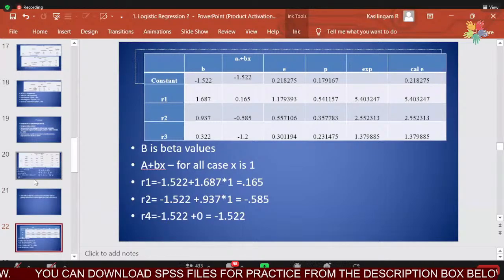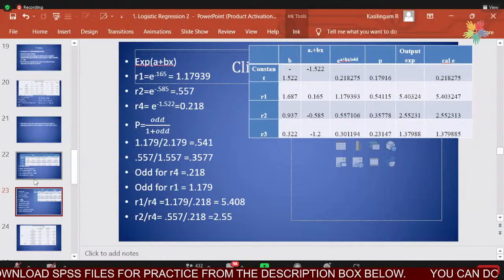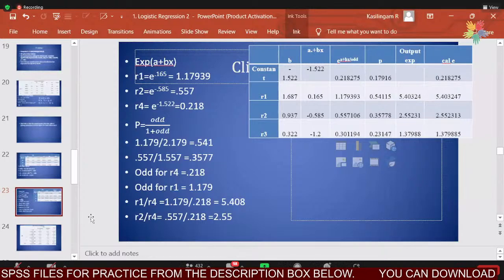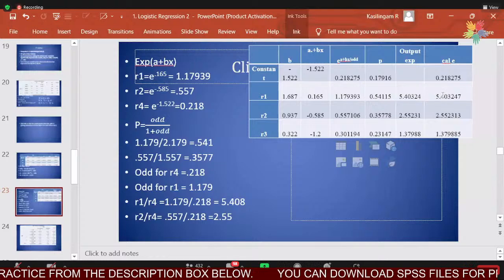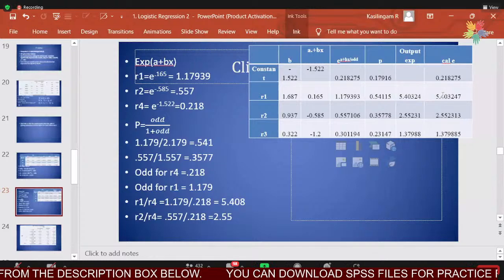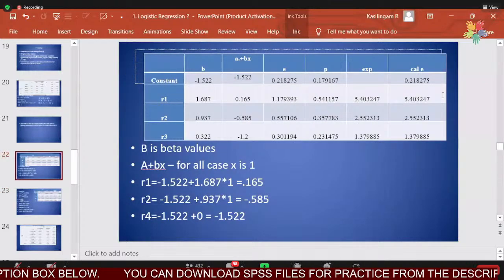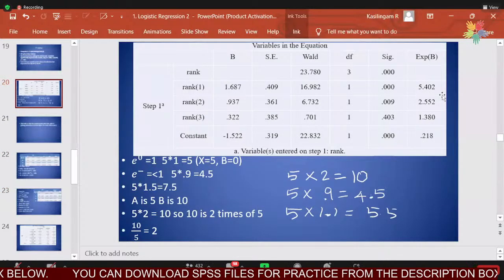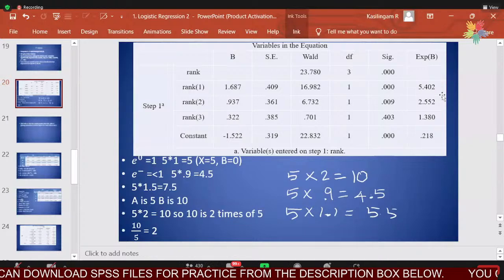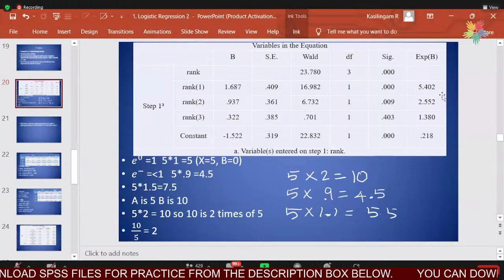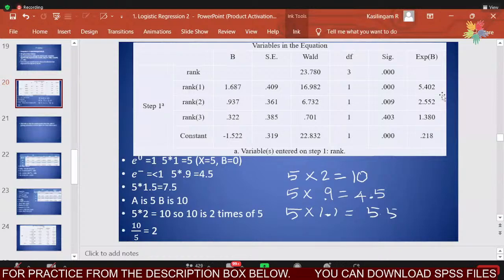This is over. Now finally, based on the exponential of beta, 5.4, what I said earlier, people who have studied in rank 1 have 5.4 times the odds compared to people who have studied in the other one.